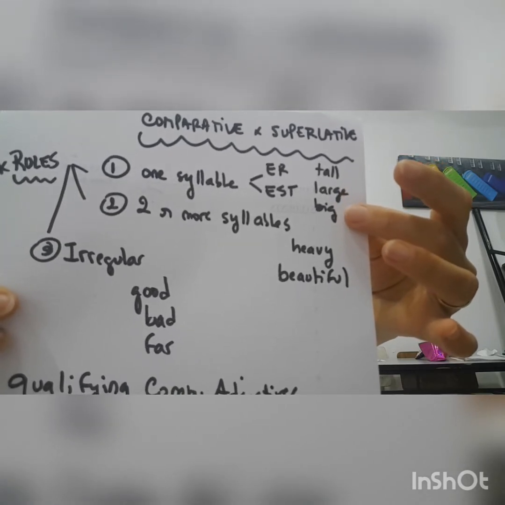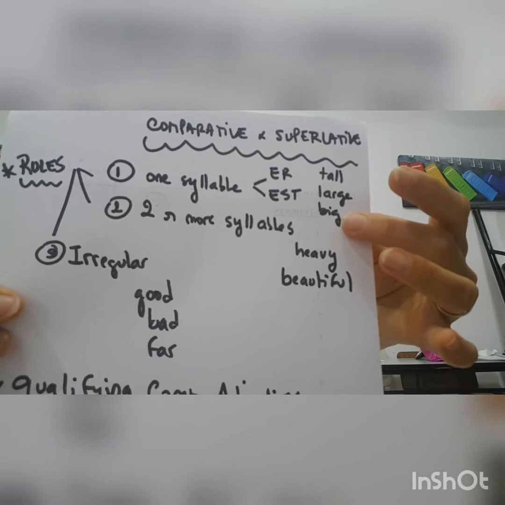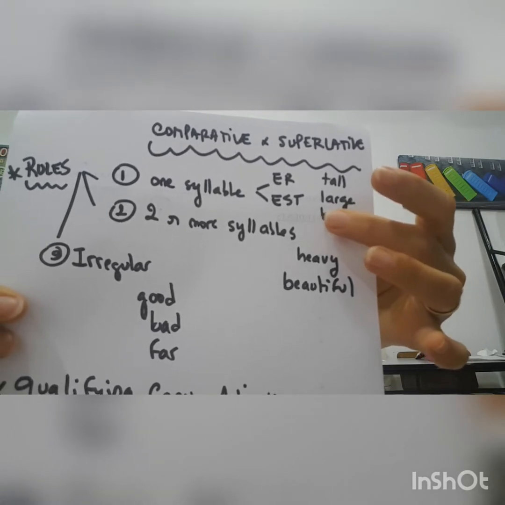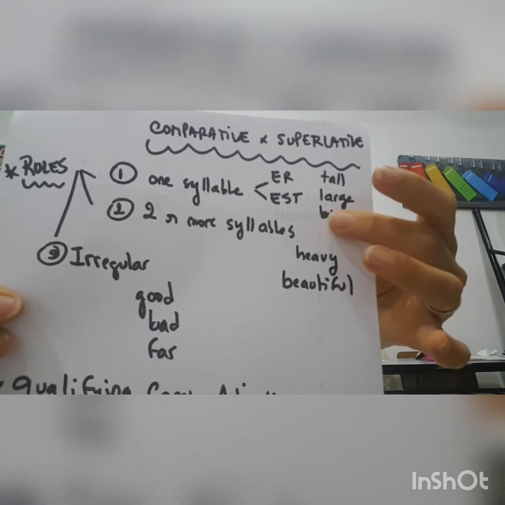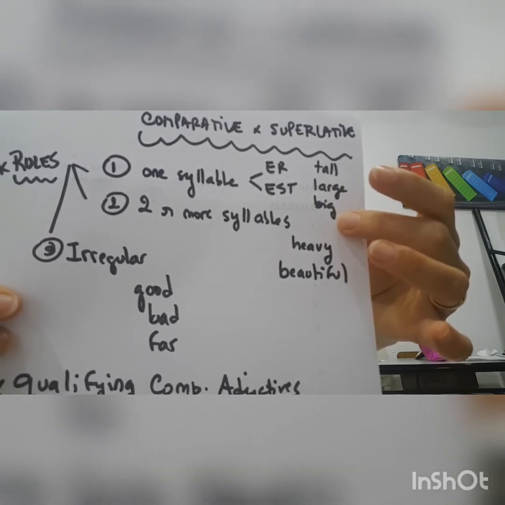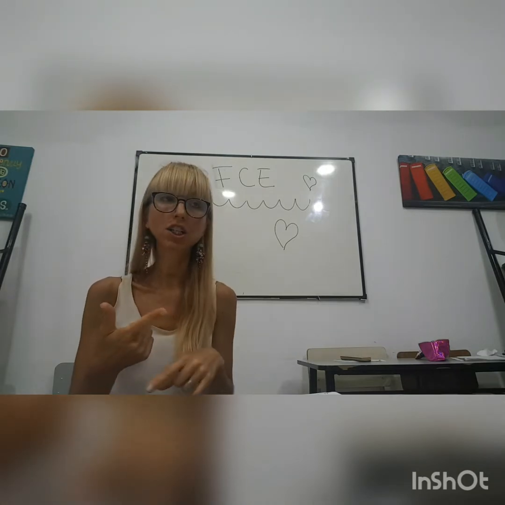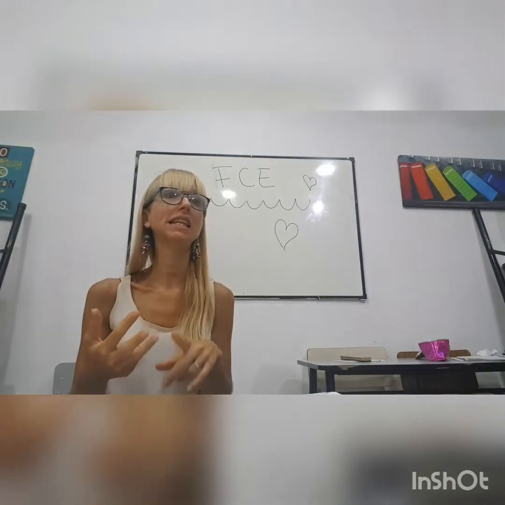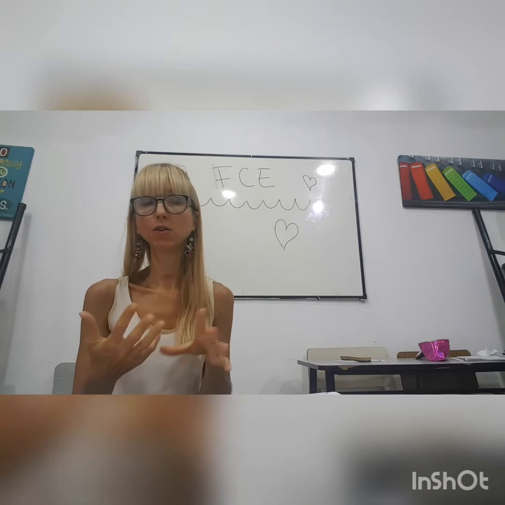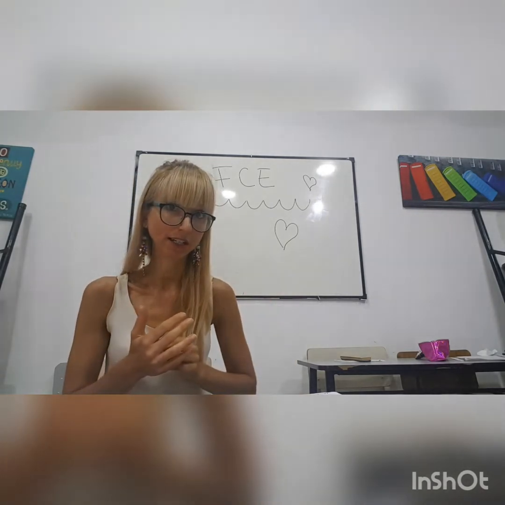And big, yes, to give you the examples of the cases that finish in consonant, vowel, consonant. Consonant, vowel, consonant. They double the consonant. Bigger. Yes, these cases are big, hot, fat, slim. Yes, those are the most common cases in which you double the consonant. Okay?